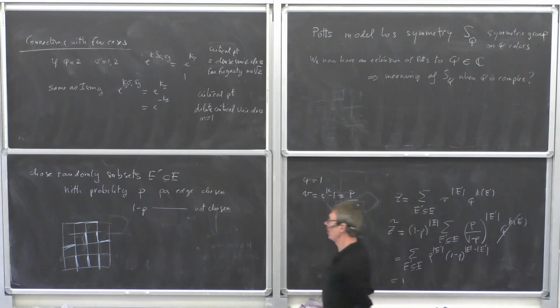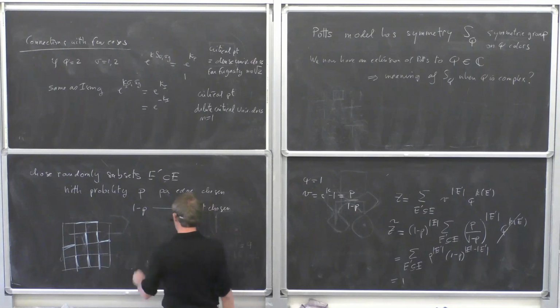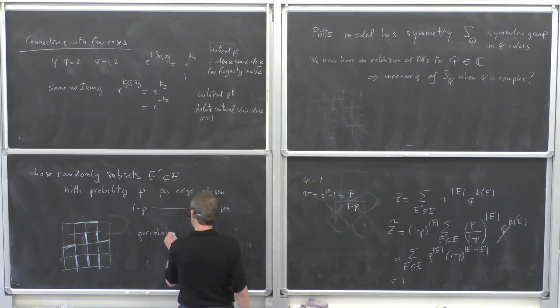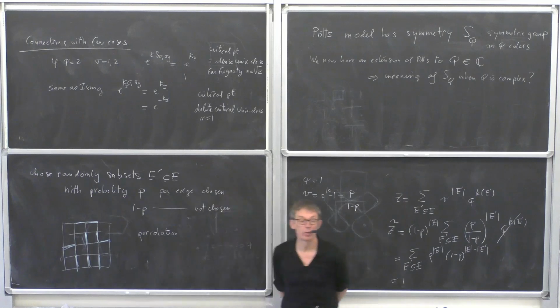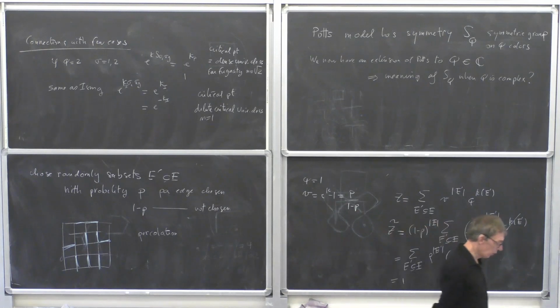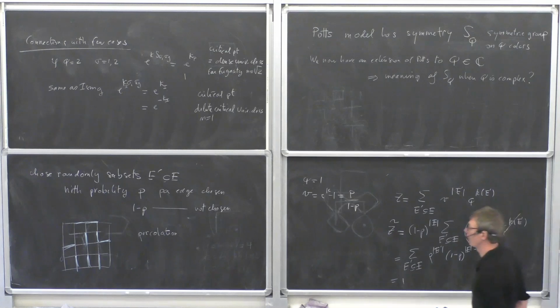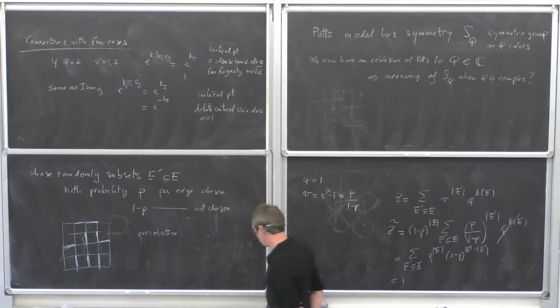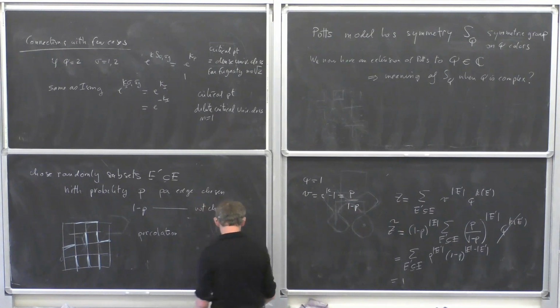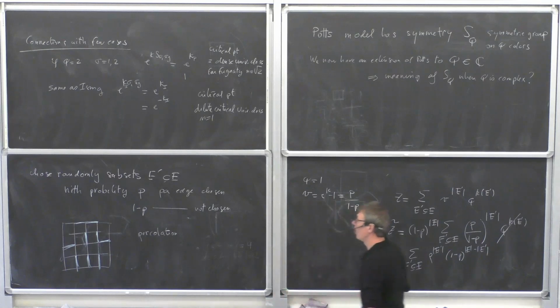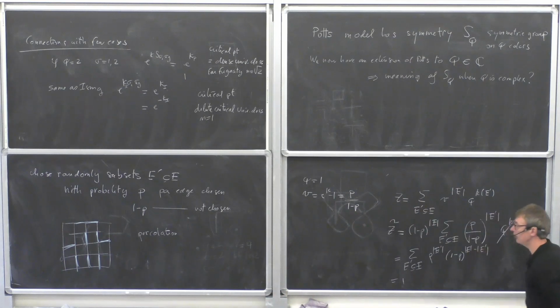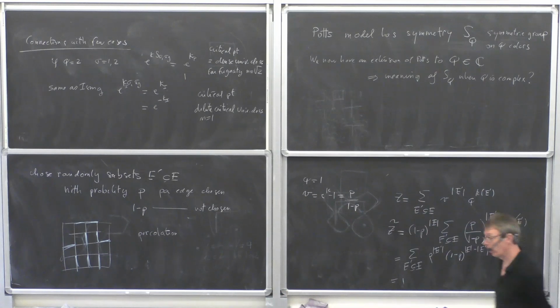Does it mean that the problem is trivial? Of course not. The problem of percolation is infinitely non-trivial, because what we're interested in is not the partition function, we're interested in various correlation functions. In particular, in the percolation problem per se, you are interested in whether there is percolation.